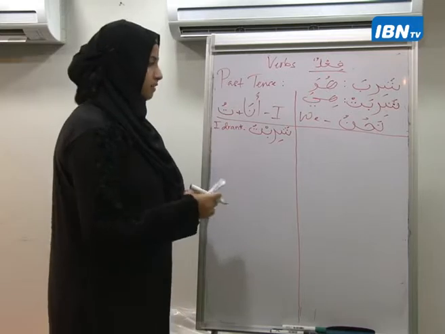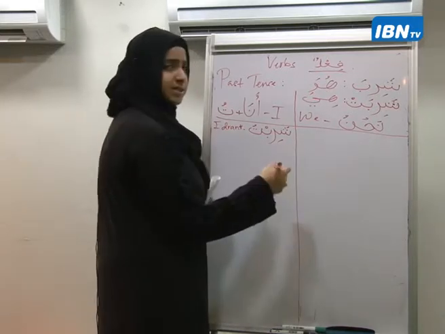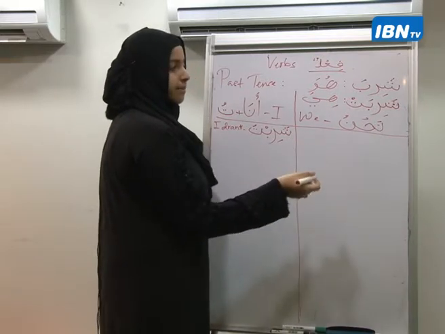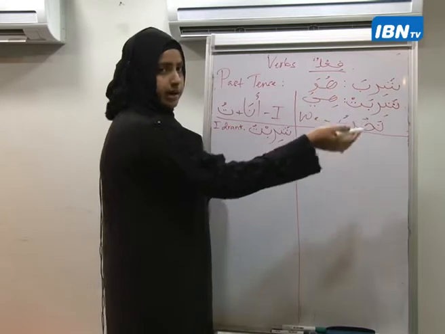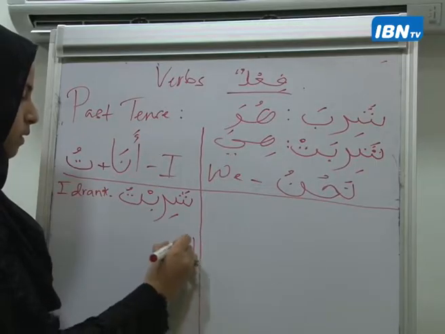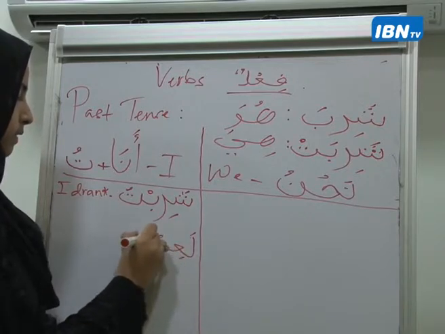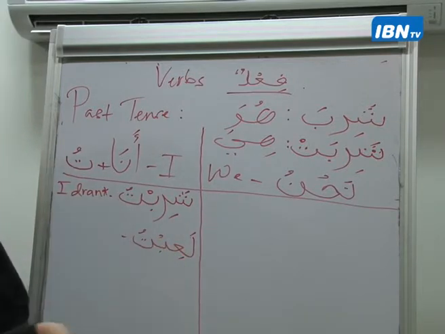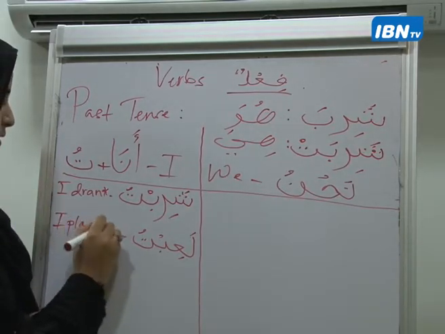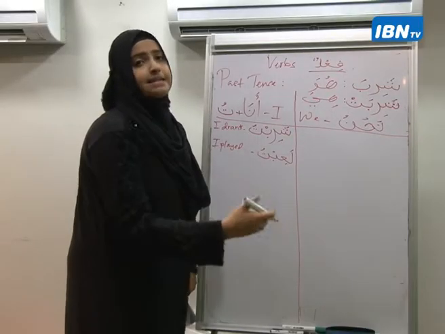Then we have la'iba. I'll just jot down a few examples. La'iba, huwa la'iba, will change into ana la'ibtu, meaning I played. Then we have jalasa. Jalasa means he sat.